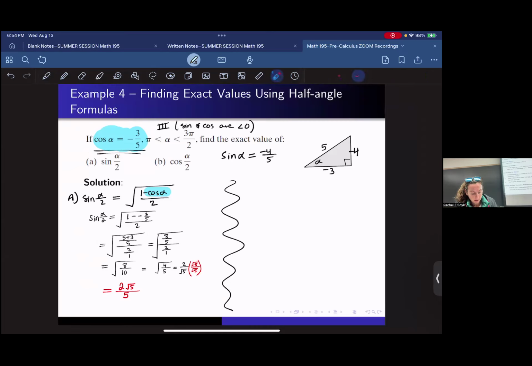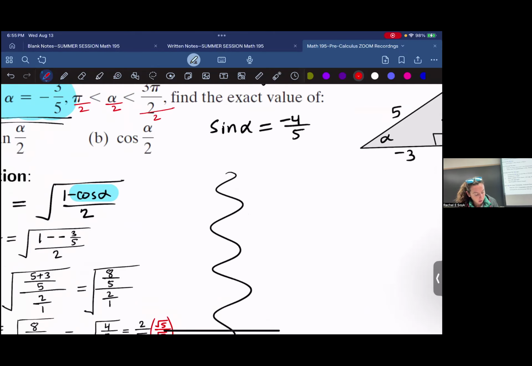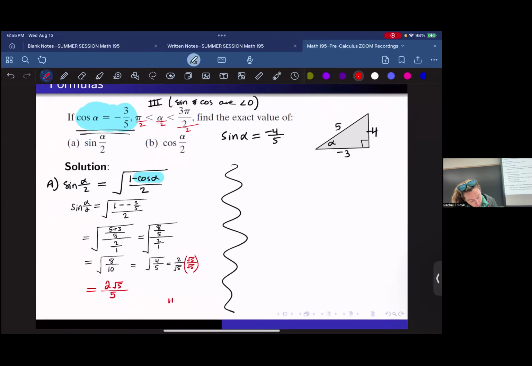We want to look at it over at theta over 2. So what we'll do is in the bounds, we divide this by 2, which will make this 3 pi. Our new bounds are going to be pi over 2 is less than alpha over 2, which is less than 3 pi over 4.